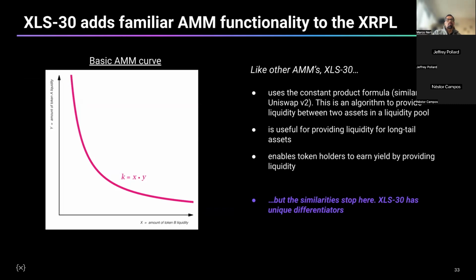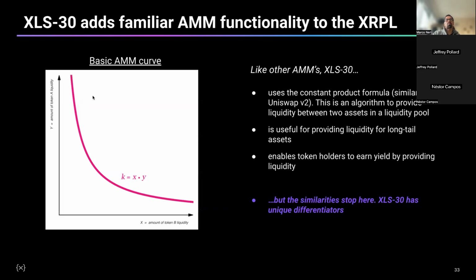It starts with the formula of Uniswap V2, K equals X times Y. It's designed this way so that we can provide liquidity for the long tail of assets. Currencies like dollars or pesos tend to be more liquid, but there are tokens that not a lot of people are trading.